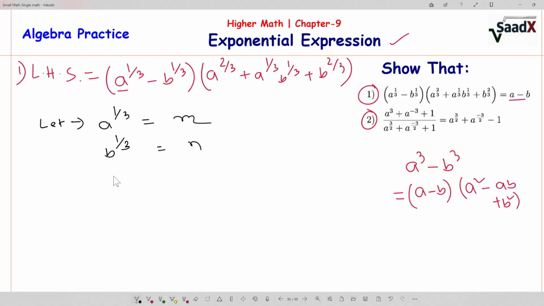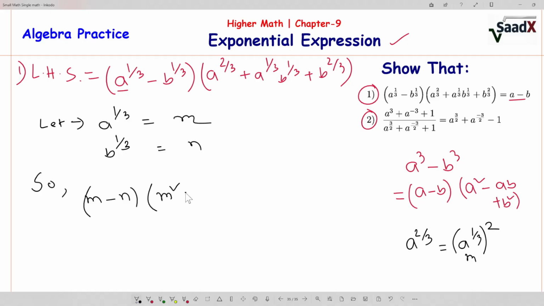So what will happen here? a to the power 1 by 3 we can write m, and b to the power 1 by 3 we can write n, right? Next, a to the power 2 by 3 we can write as a to the power 1 by 3 with power 2, and this one is m, so it means m square, right?